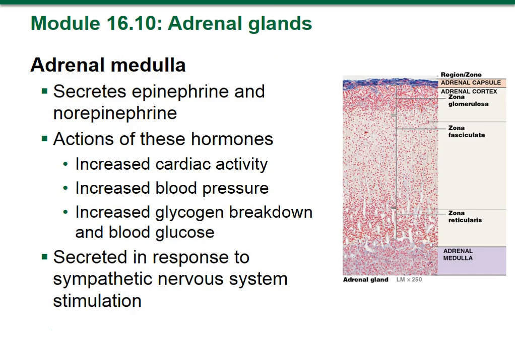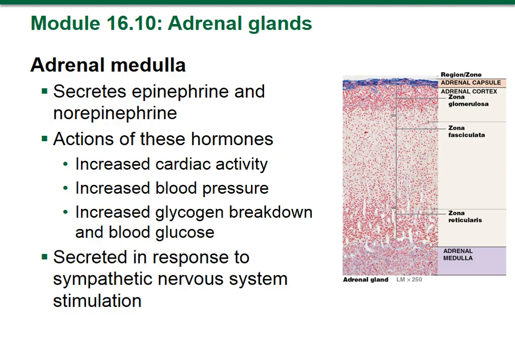Now we'll move deep into the adrenal medulla. It secretes epinephrine and norepinephrine. They're the fight or flight response hormones. So increased cardiac activity, increased blood pressure, increased glycogen breakdown and blood glucose. And you can understand why you would want these things to occur if your body's needing to ramp up to do something physical.